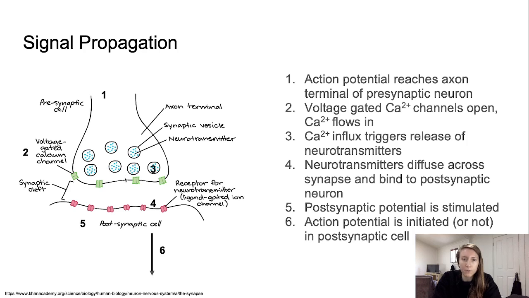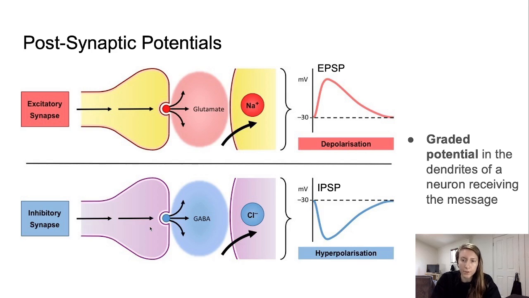So the vesicles will come to the surface, and undergoing exocytosis, the neurotransmitter will fly into the synaptic cleft. We'll then get the binding of this neurotransmitter to the postsynaptic cell at the receptors, and depending on the neurotransmitter present, the postsynaptic cell will either go on to perform an action potential or it won't. And that's what we call a postsynaptic potential.